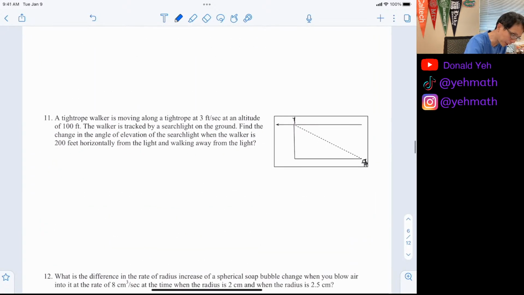Let me go double check. This is x, this is y. So dx dt is equal to 3. The altitude is 100.